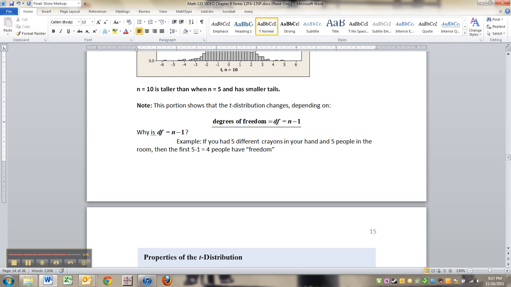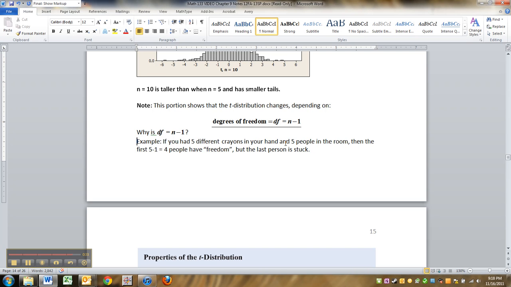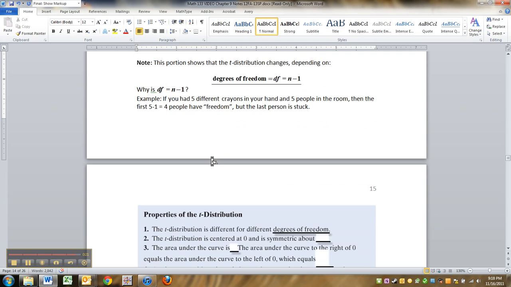They choose which color they want. But the last person is stuck. In other words, when you have 5 crayons, or when you have a sample size of 5, for example, then 4 of the elements in the sample are free, but the 5th one isn't free. It has to be whatever is left. And anything more than that, I don't want to get into because it's just too complicated.